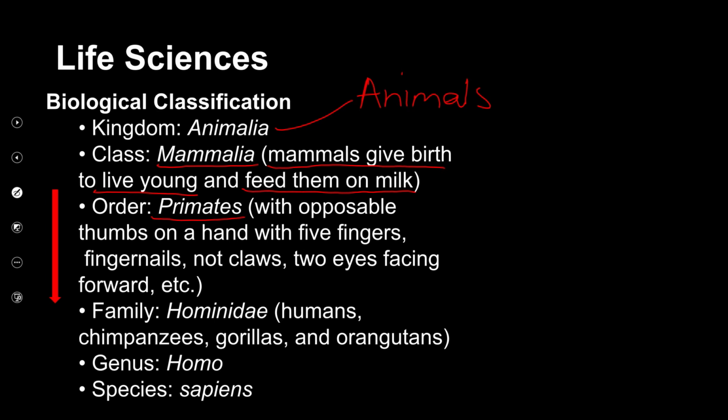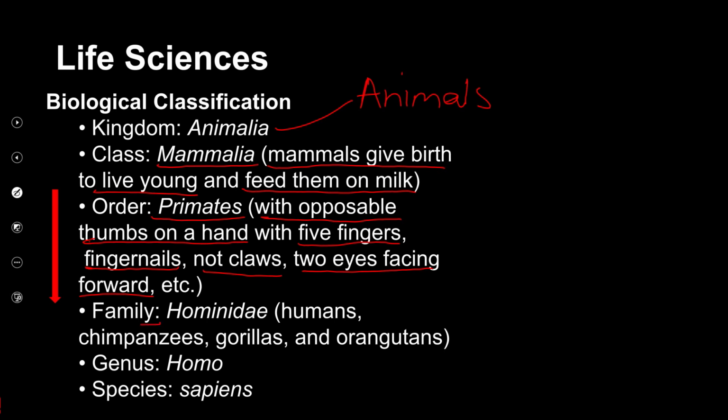And the important characteristic here is they have an opposable thumb on a hand that has 5 fingers, and it has fingernails, doesn't have claws, there are 2 eyes facing forward, etc. So there are lots of characteristics that then are unique to the primate group, and because of those characteristics, we are then placed into that order.